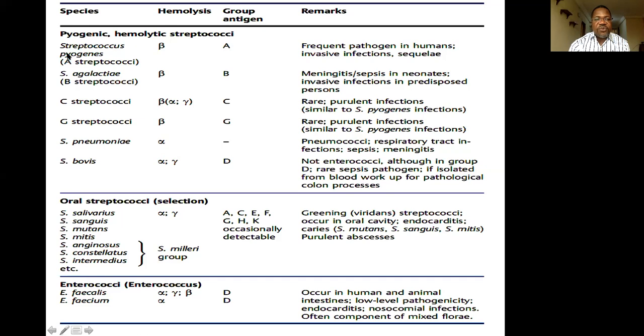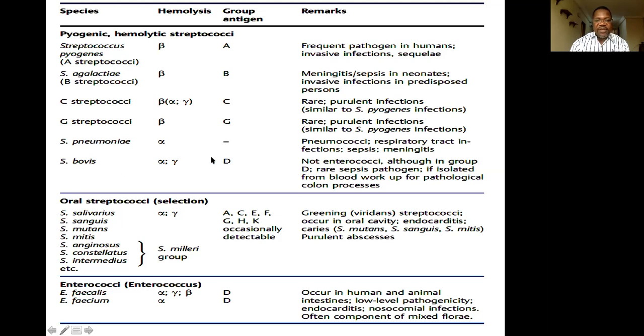Group A Streptococcus is also called Streptococcus pyogenes. Group B is called Streptococcus agalactiae. Group C and group G are just called C streptococci and G streptococci. And we have alpha streptococci, that is mainly Streptococcus pneumoniae.